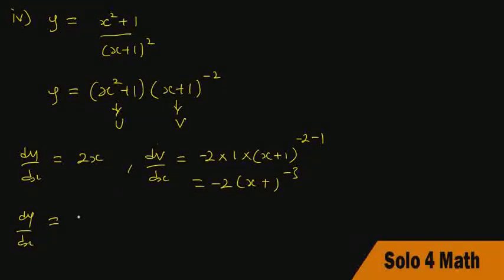Our v is (x plus 1) to power negative 2 times du/dx, which is 2x, then plus u. What is our u? Our u is x squared plus 1 times dv/dx, which is negative 2 into (x plus 1) to power negative 3.